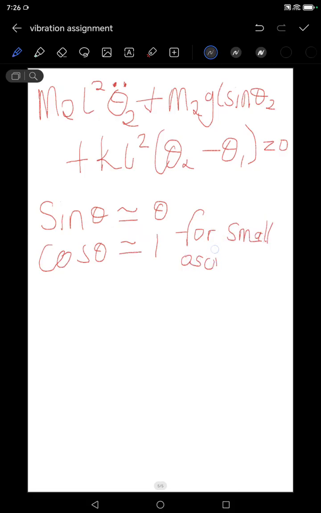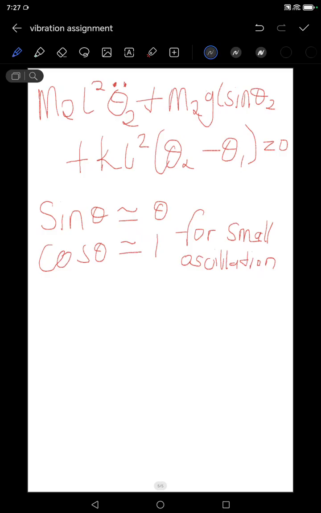They will tell you in the question, or you'll just assume. So if they didn't tell you in the question, you assume sine theta is approximately theta and cos theta is approximately 1. But most of the time in the question, they'll tell you it's for small oscillation. When they say small oscillation, just know they're talking about sine theta approximating to theta, and cos theta approximating to 1.